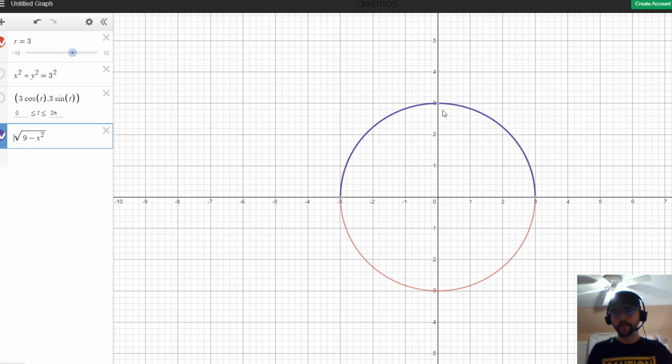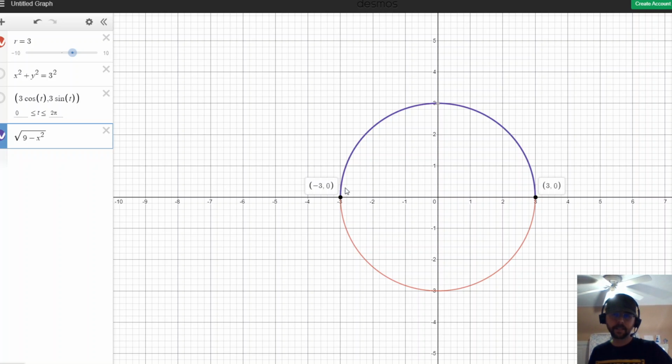The integral is going to give us the area under the curve. If we were just to take the top half of the circle and go from -3 to 3, because we're going along the x-axis, which was shown because when I set it up, we have dx. We're taking the integral of f of x with respect to x.